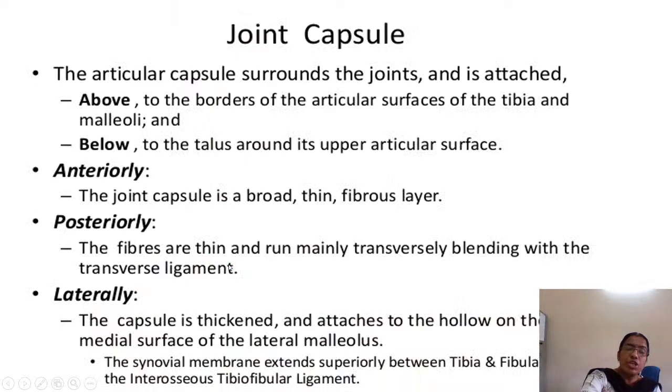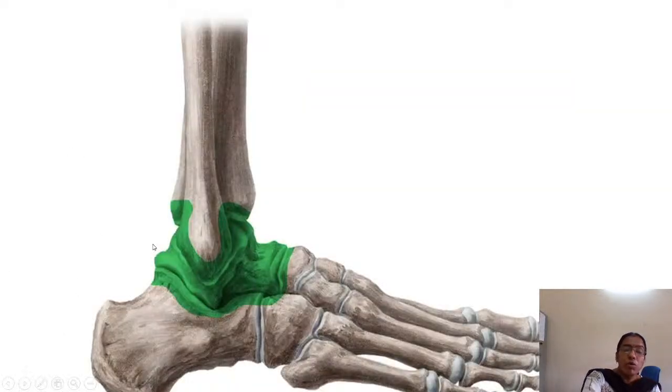Posteriorly also the fibers are thin; these fibers run mainly transversely, blending with the transverse ligament between the tibia and the fibula.